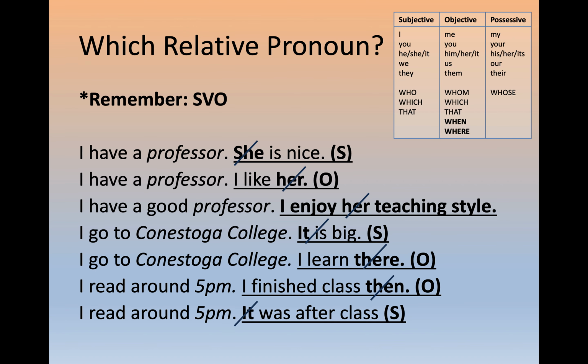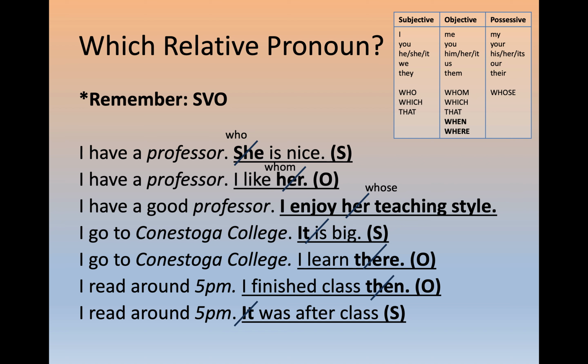Okay, so if I want to switch these words into relative pronouns, which relative pronouns will I use? Well, she is subject and it's a person. Who? I like her. Her is the object and it's a person. Whom? I enjoy her teaching style. Her is possessive. The teaching style belongs to her. Whose? It is big.